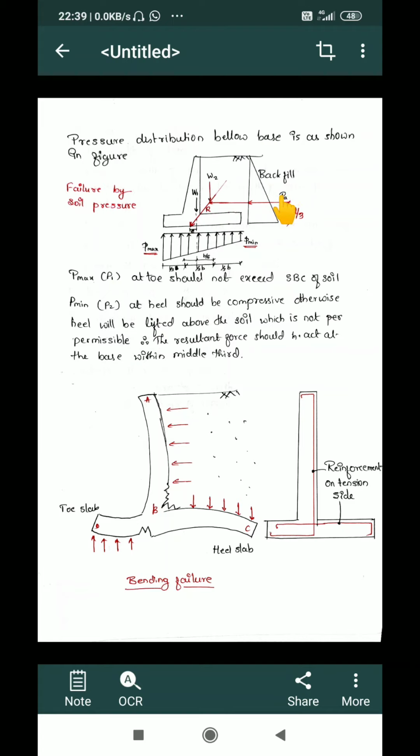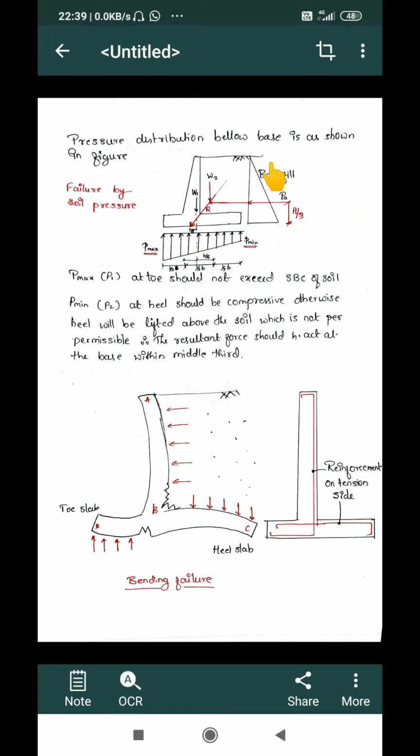So here, whenever these two, that is W2 and PA, the active earth pressure, and the backfill soil on the heel slab, act together at a resultant, along the resultant line, this resultant line will act at some point on the slab of the retaining wall.